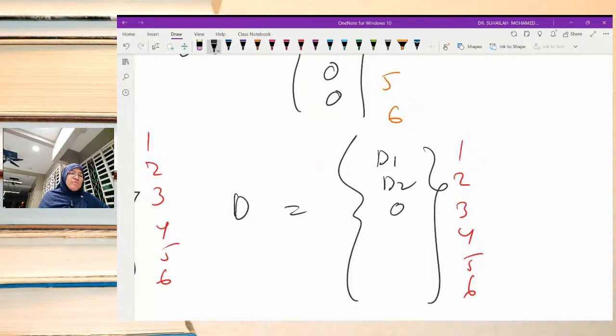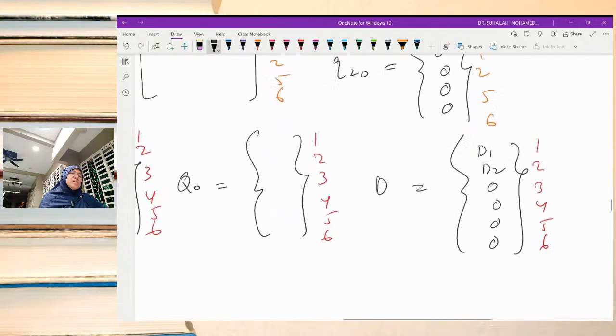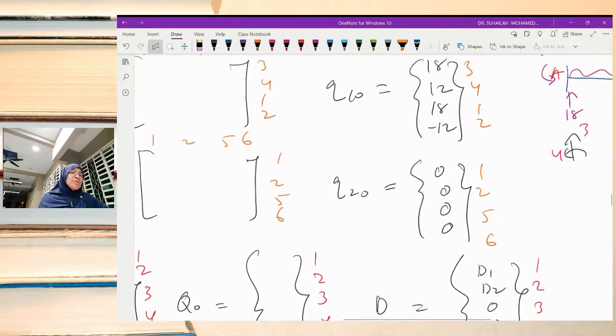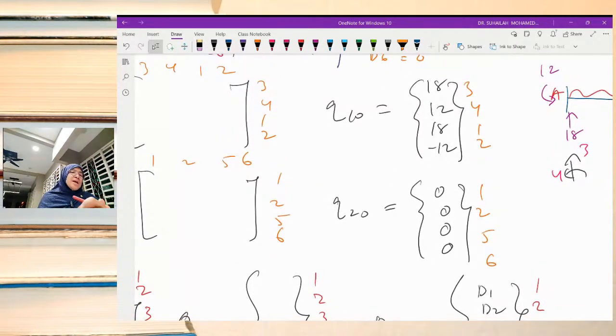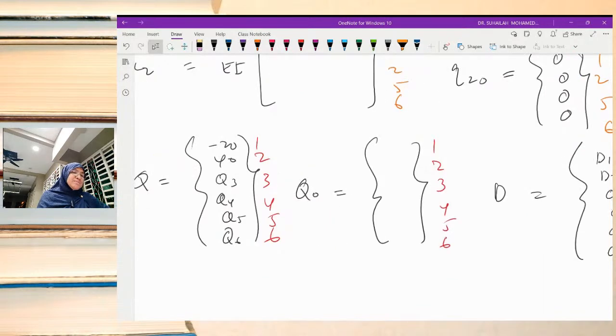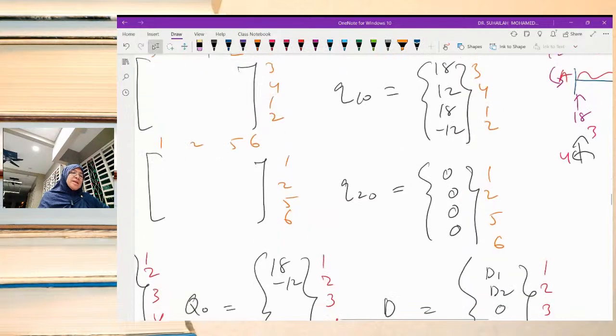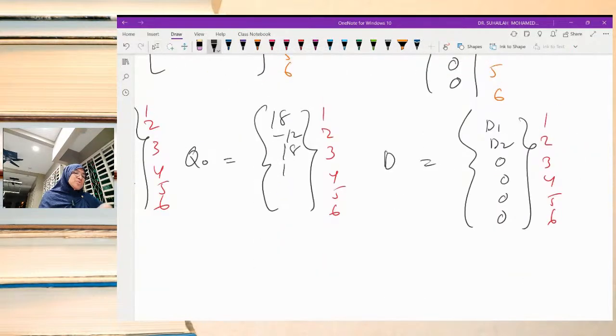Position 3, 0, 4, 5, 6 for the nodal displacement, and for Q naught we will get from Q1 naught and Q2 naught. Q1 naught and Q2 naught: 18, negative 12, negative 12, 18 and 12. 18, negative 12, 3 is 18, 4 is 12, 5 is 0, 0.